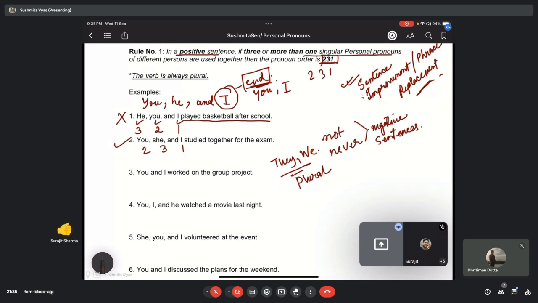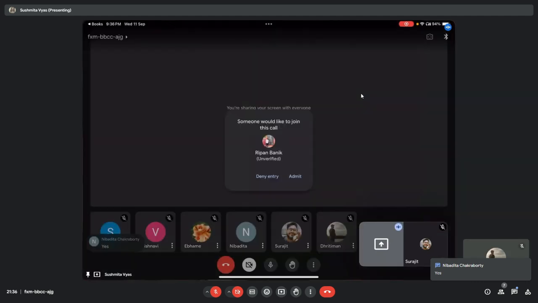This is also a positive statement. Like you and I have worked on a group project. Is this in the correct order? Anyone? Is this in the correct order? Surajit is saying yes. What about the other people? Yes. Okay.